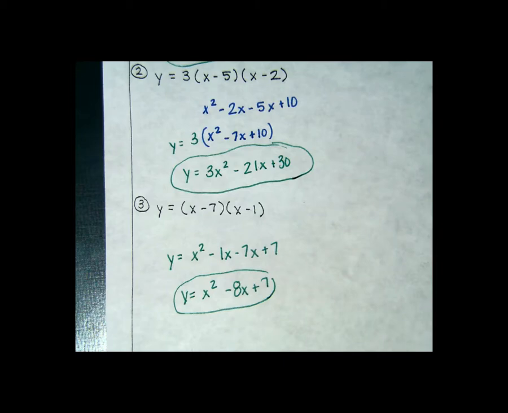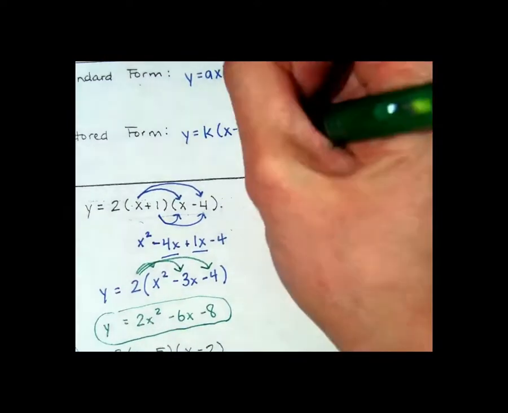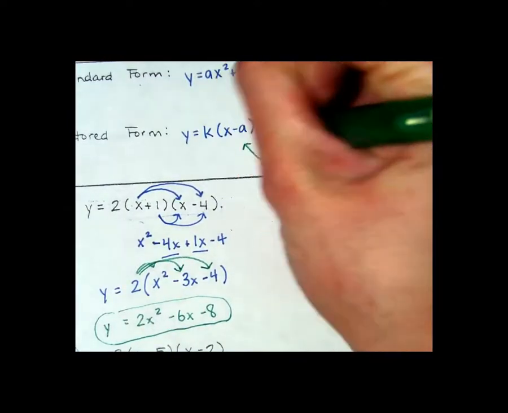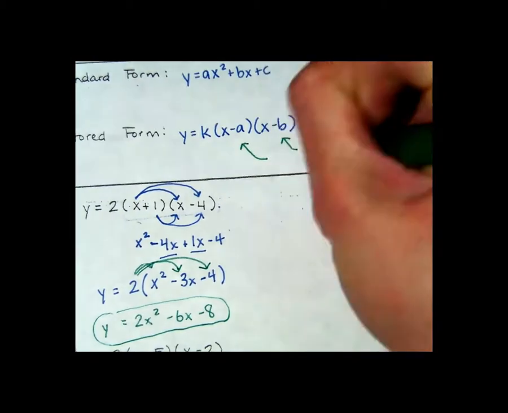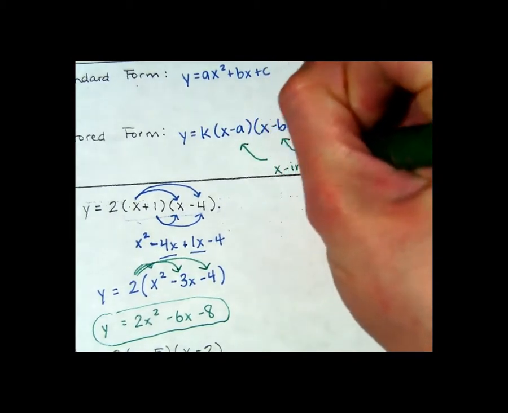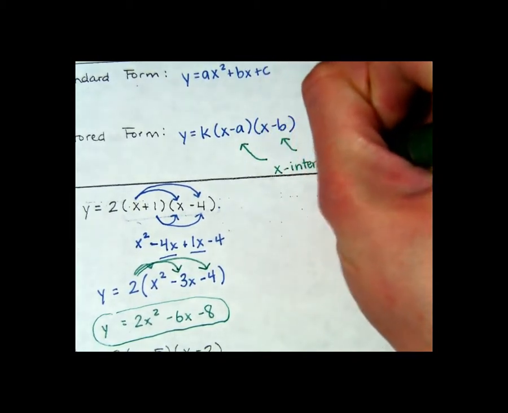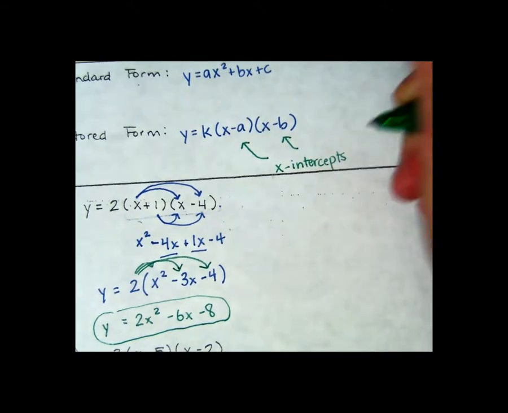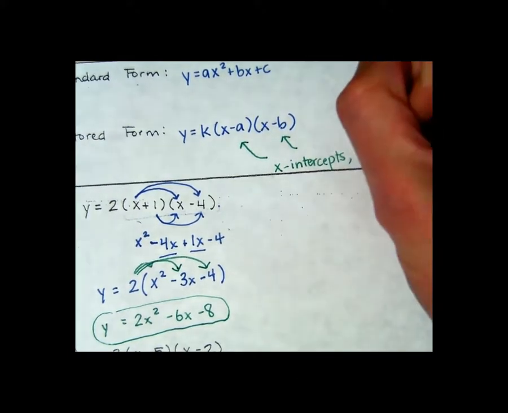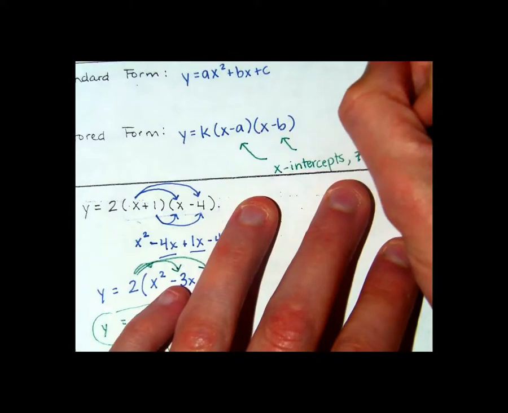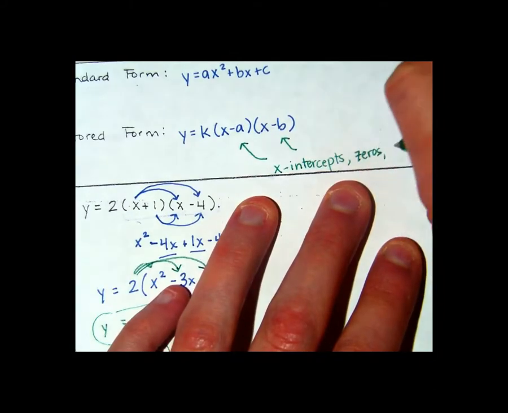It gives you x-intercepts. So before we even talk about that, A and B are x-intercepts. There are a lot of different names for those x-intercepts. They might be called x-intercepts. They might be called zeros. We'll see that this week.